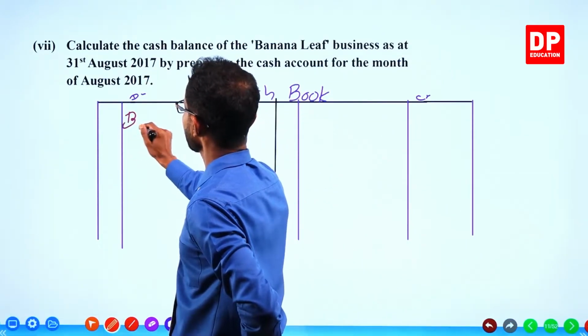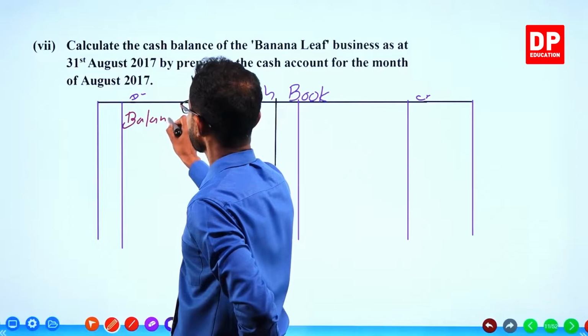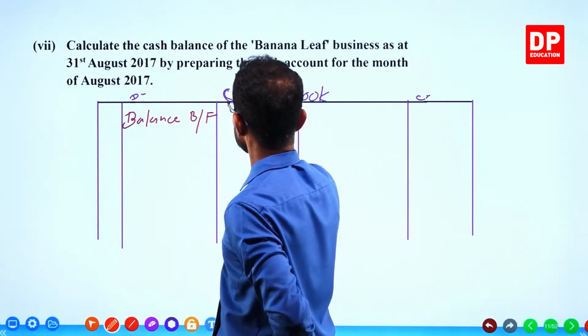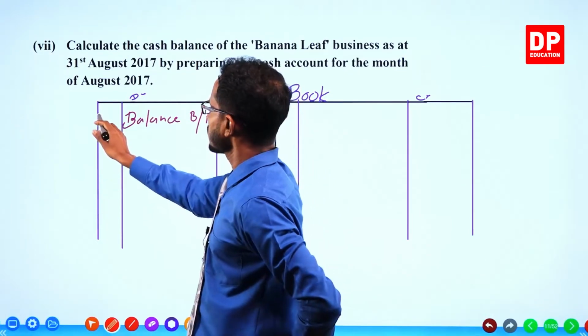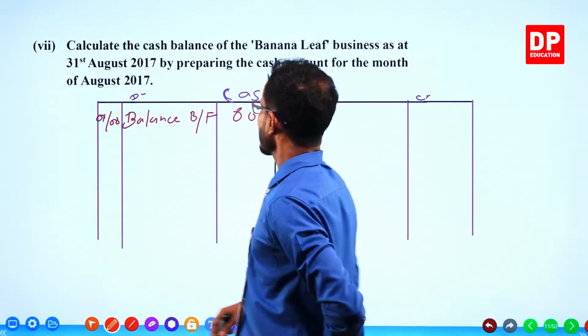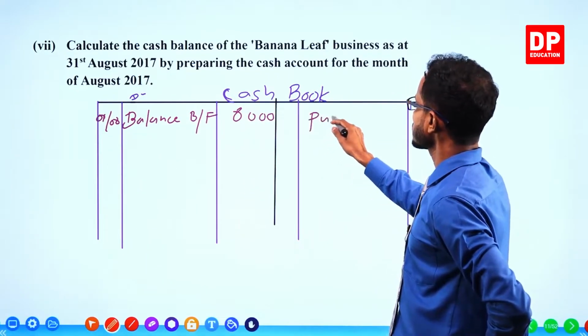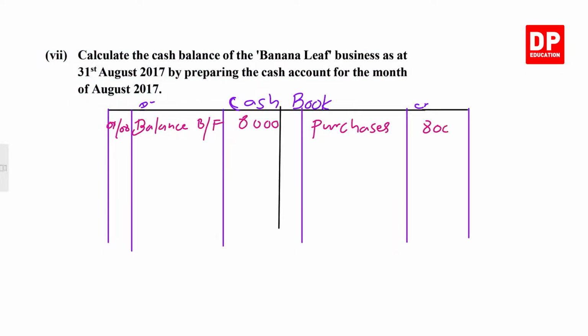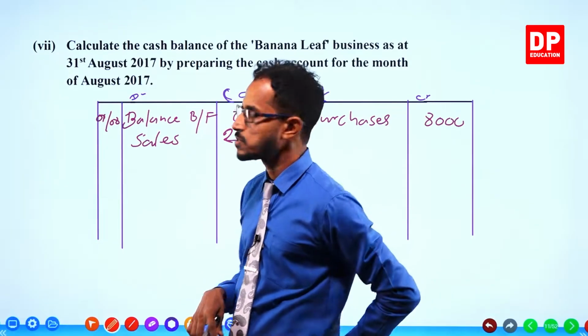Balance brought forward 8,000, 1st of August. Purchases 8,000. 20,000 of sales were there. Can you remember? 20,000 cash sales.